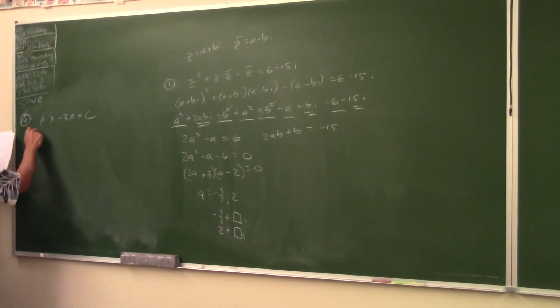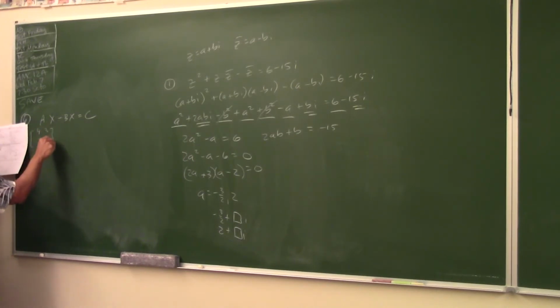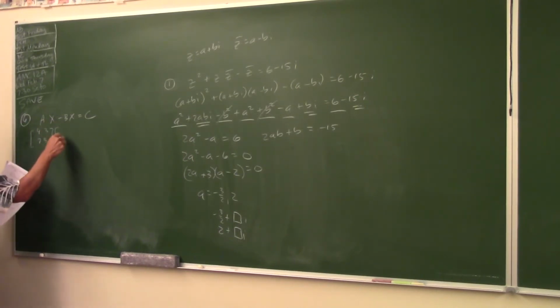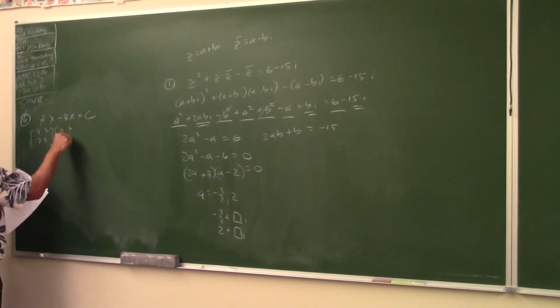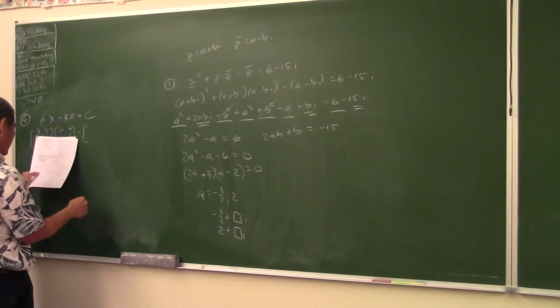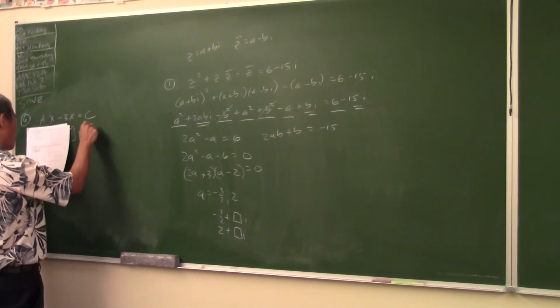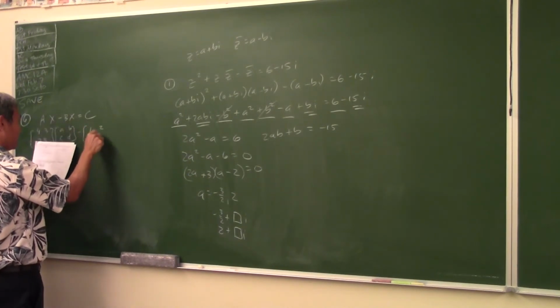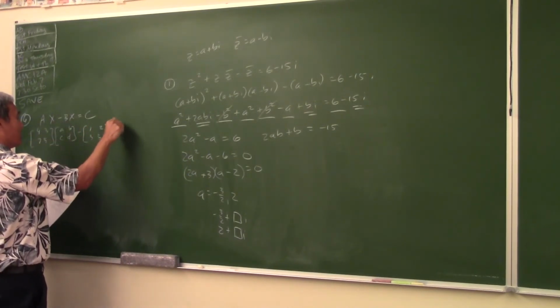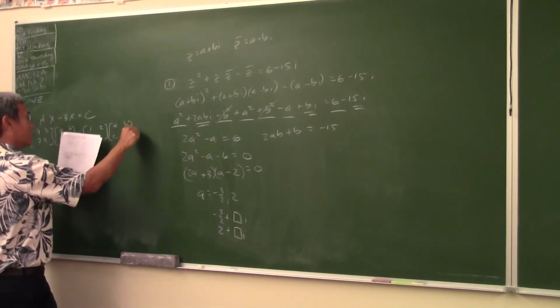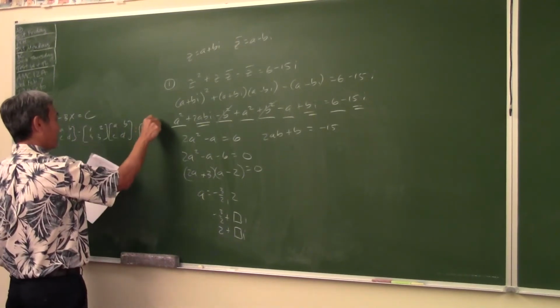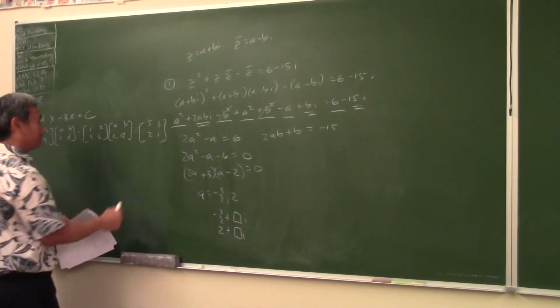So matrix A is 4, 3, 7, 5. Matrix X, we don't know what it is, so we call it A, B, C, D. Minus B, which is 1, 2, 3, 3, times X, which is A, B, C, D, is equal to matrix C, which is 5, 3, 2, 1.